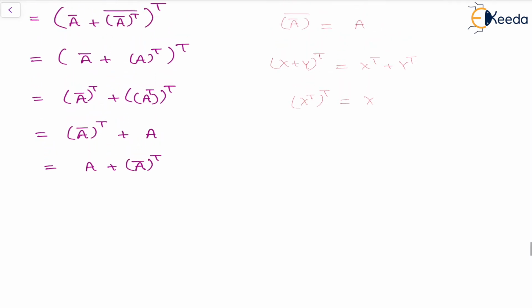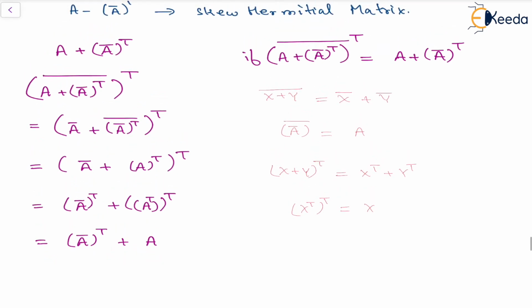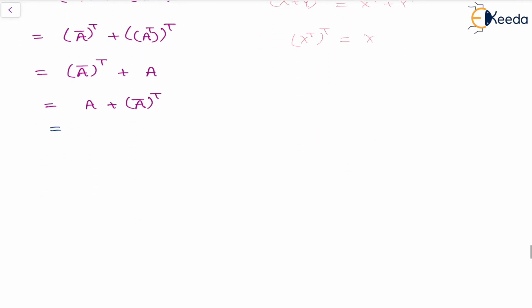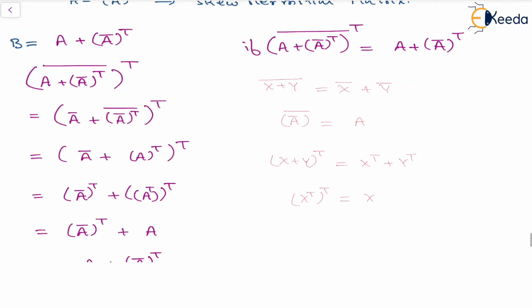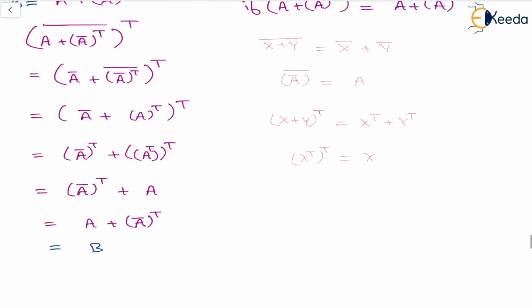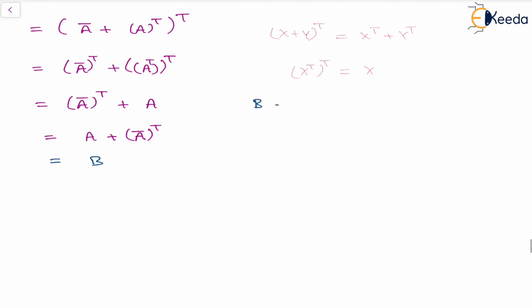And this is nothing but our initial matrix which we started with. So let's say if I'm calling this B, then we are again back to B. So therefore, we can see that B is equal to B transpose conjugate. Therefore, B, that is A plus A transpose conjugate, is actually a Hermitian matrix.